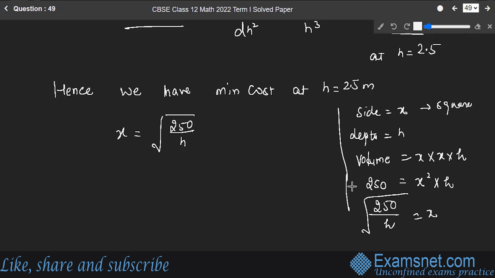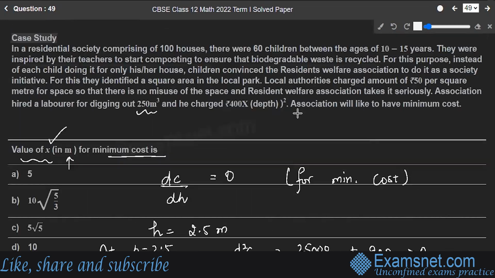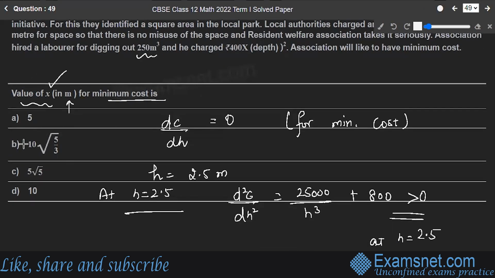Hope you got that, right? Now let's get back. We already have the value of h as 2.5. This makes this as root of 250 into 10 upon 25, which is equal to 10 meters, right? So the value of x for the minimum cost is 10 meters, which is option B.